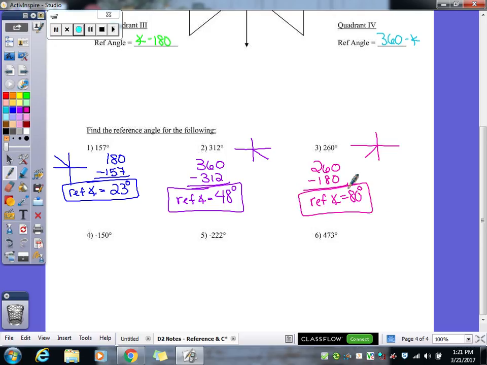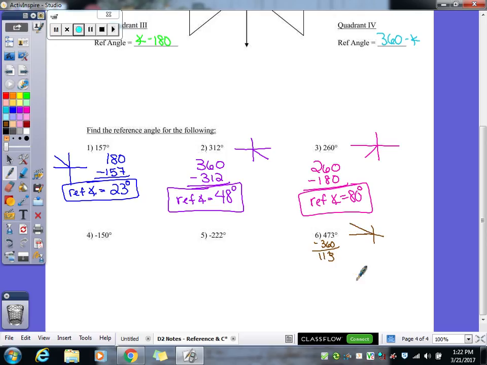Let's do 6 before we do 4 and 5. So for 6, again, since we're greater than 360, the first thing we want to do is subtract 360. So 473 minus 360 gives us 113. So which quadrant is 113 in?